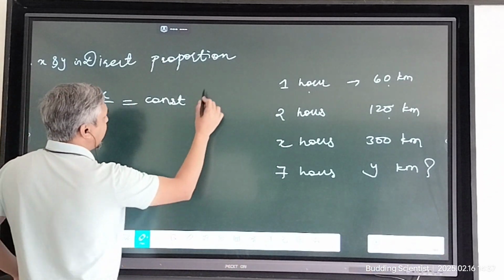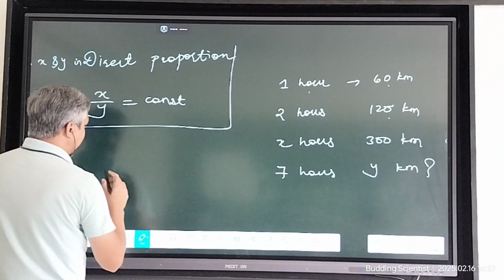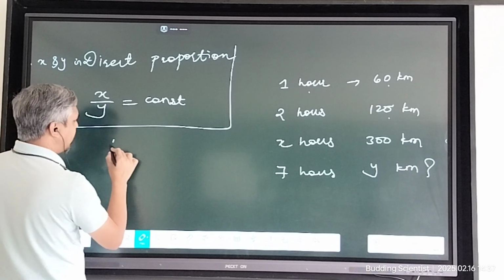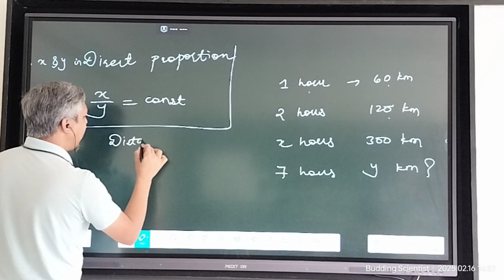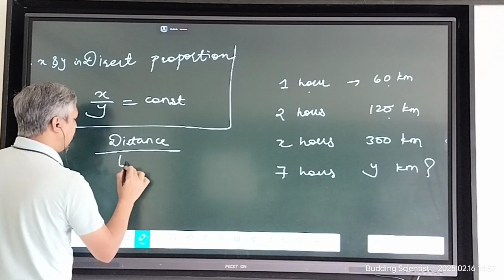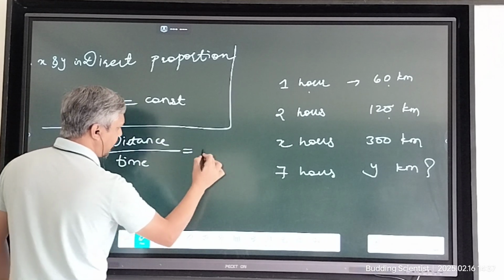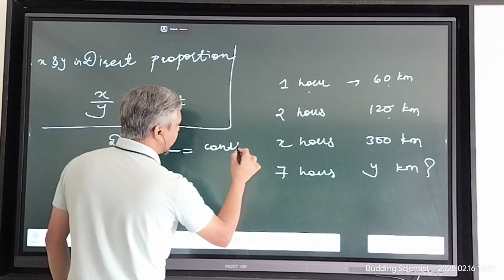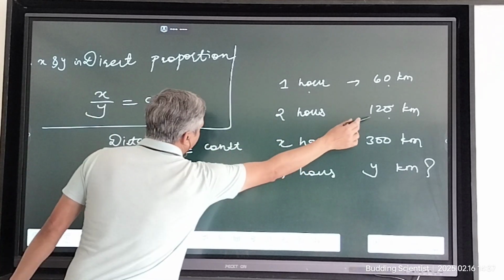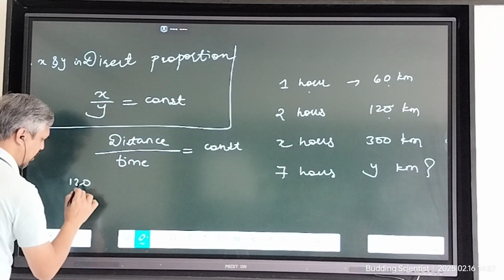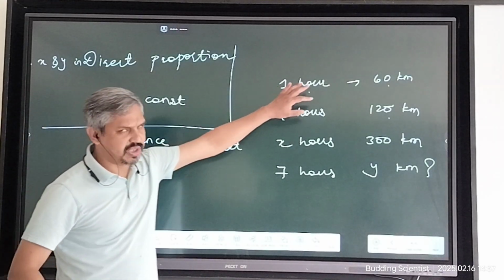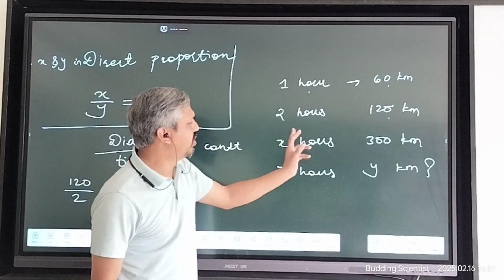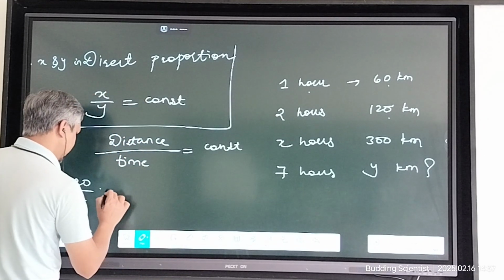Because we know that it is a direct proportion, we will say that distance upon time is equal to a constant. Then 120 upon 2, which is also equal to 60 upon 1, is equal to 300 upon x.